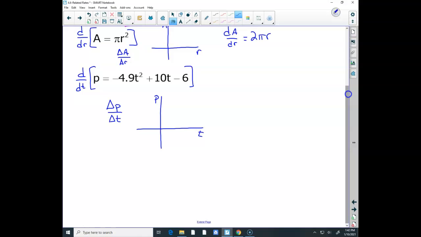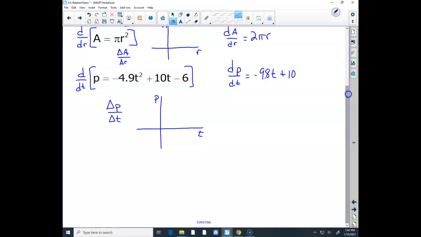So if I take the derivative of p with respect to t, I get dp/dt equals, well, negative 4.9 times 2, that's negative 9.8t, dt/dt, which I don't write, plus the derivative of 10t is going to be 10, derivative of that t is 1, so it's 10 dt/dt, which I don't write, and bottom line, I get my velocity function out of that, okay?